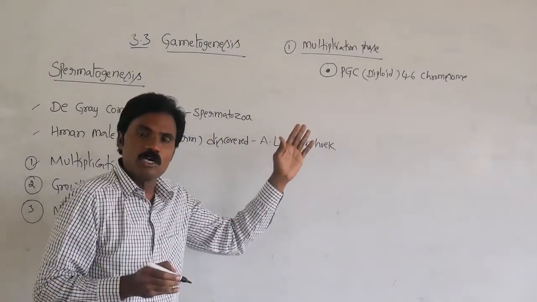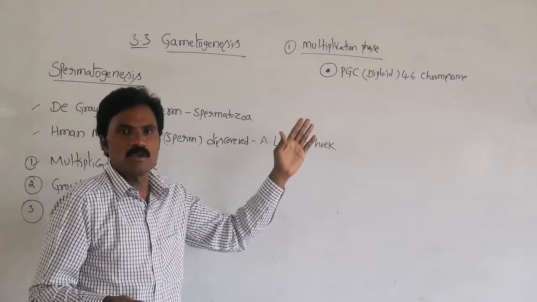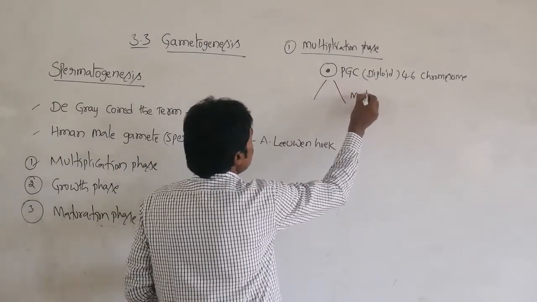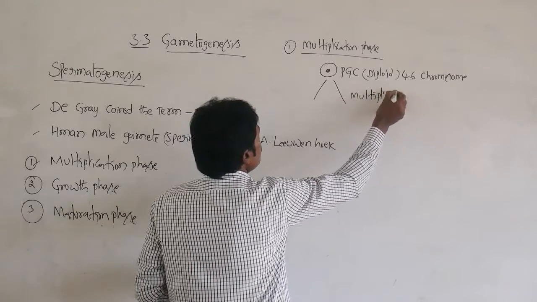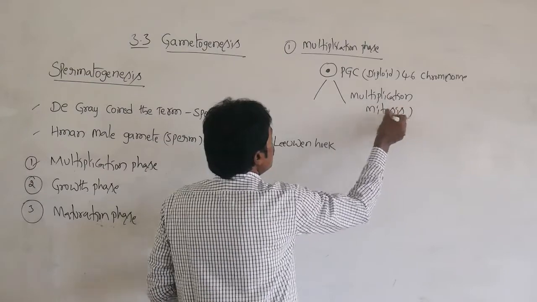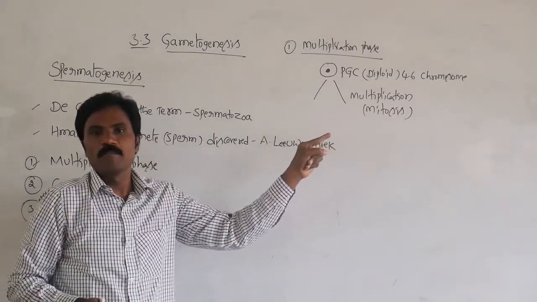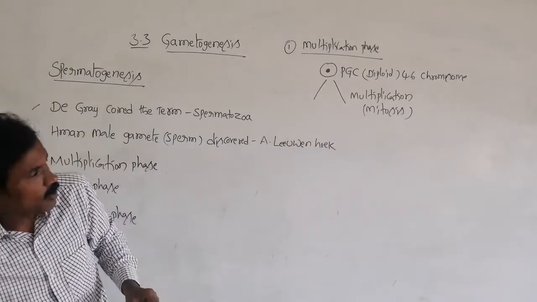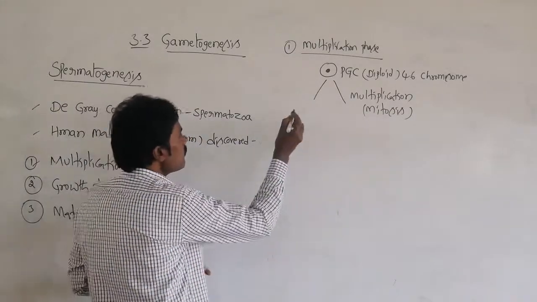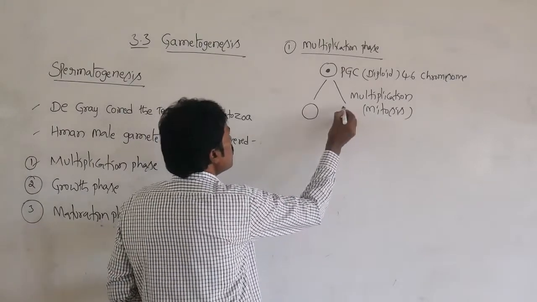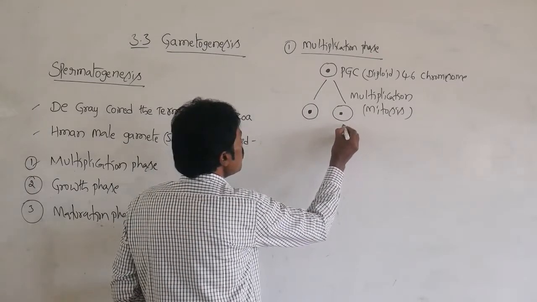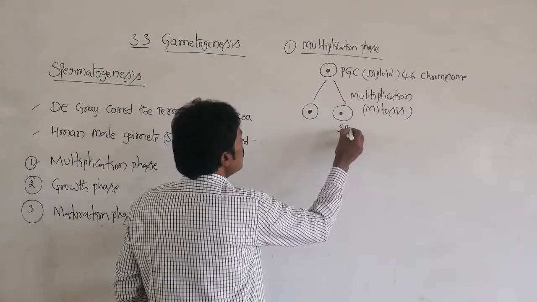These primordial germ cells multiply with the help of mitotic cell division, so this cell division is important. Multiplication through mitotic cell division forms the spermatogonia. These cells we call spermatogonia.